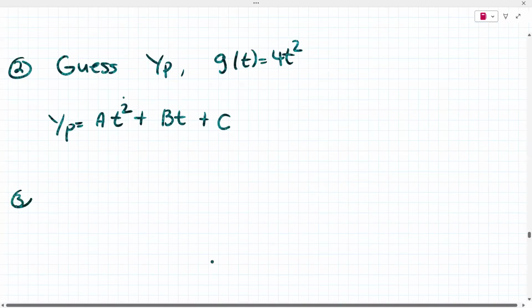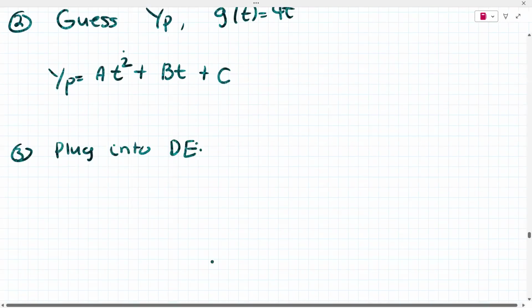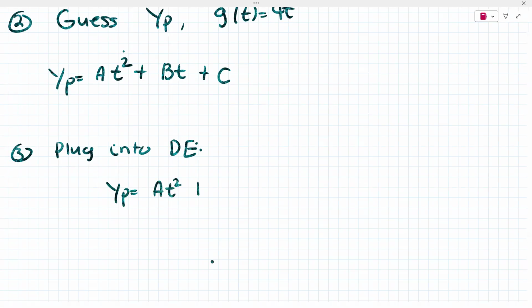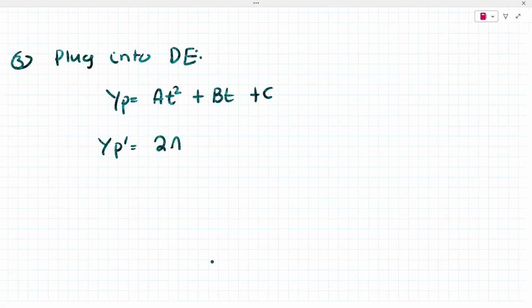Step 3, plug into the differential equation. So your yp is going to be at squared plus bt plus c, and then we need to find our yp prime, which is 2at plus b.